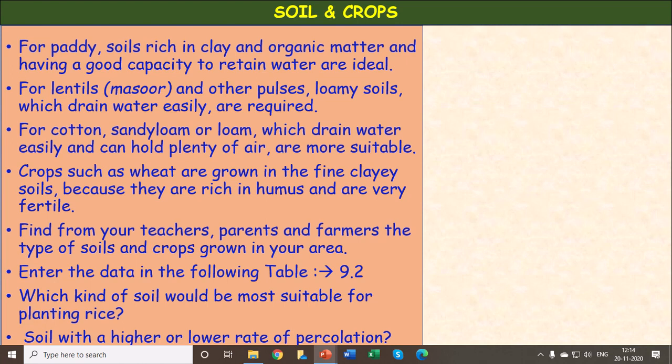For planting rice, the soil should be clayey with much organic matter and good water retaining capacity. The soil with a higher or lower rate of percolation.